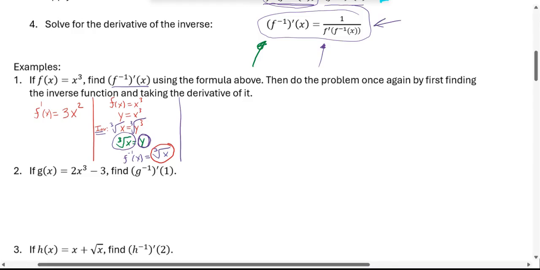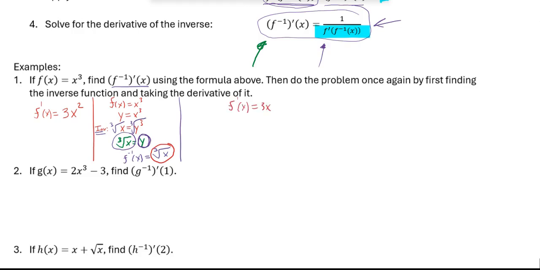But I really want to analyze what is this denominator first. What that means is put f inverse into f prime. I'm going to put the two elements next to each other here. We already found that f prime of x is 3x squared. That's on the left. But now we've learned that f inverse of x is the cube root of x. So those are the two pieces we have already.